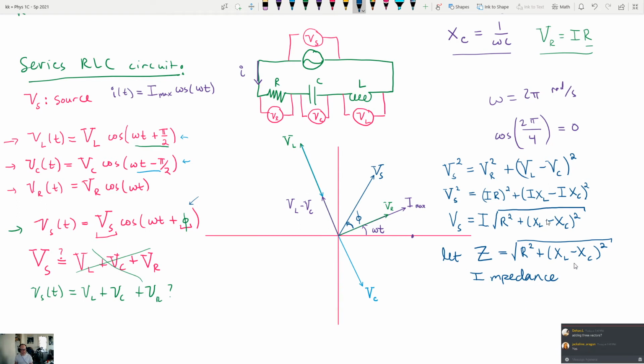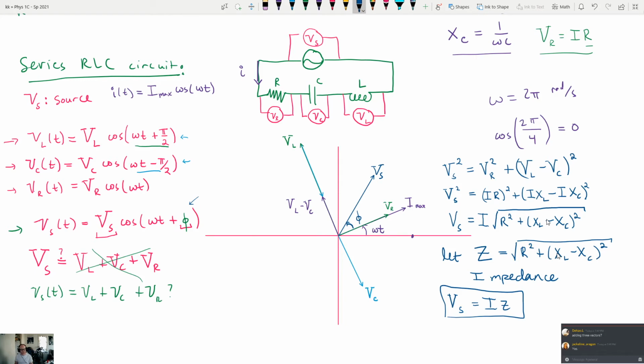So when we let this be true, look at how simple our result becomes. Now the voltage of the source is just equal to I times Z. And that's it. The larger the value of the impedance, the smaller the current you're going to get. It acts just like resistance, basically.